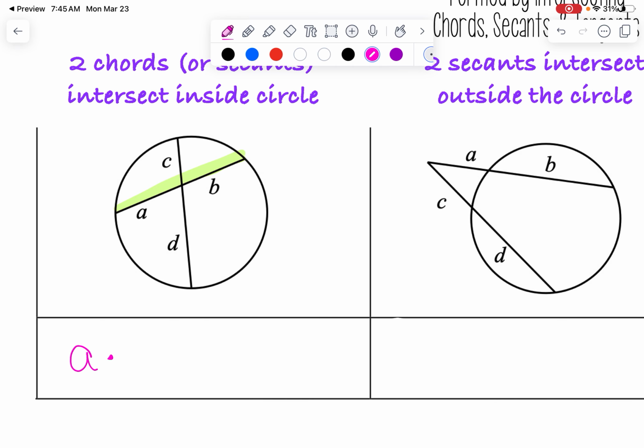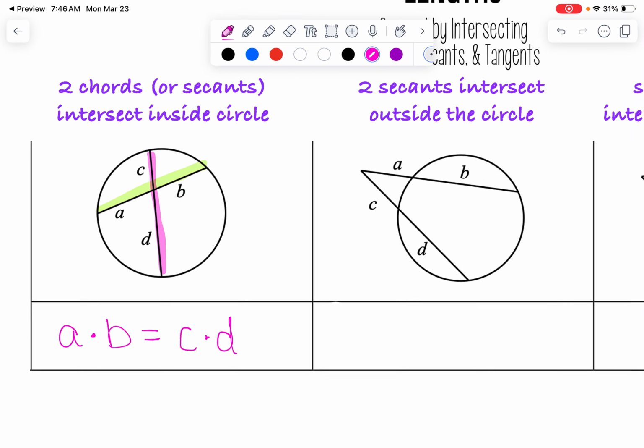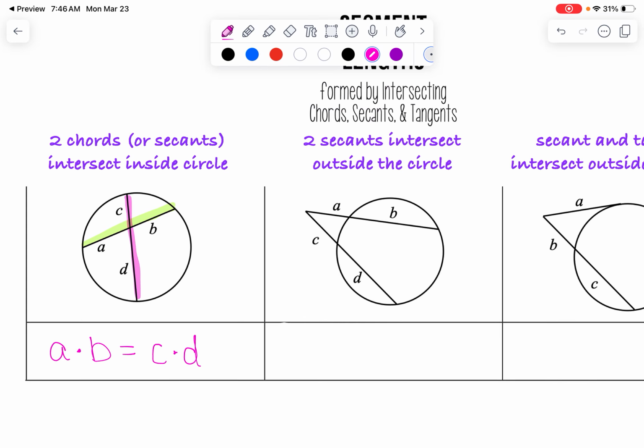So this would be A times B. That should be equal to the two pieces that make up this segment, C times D. So AB is equal to C times D. That's if they intersect inside the circle.